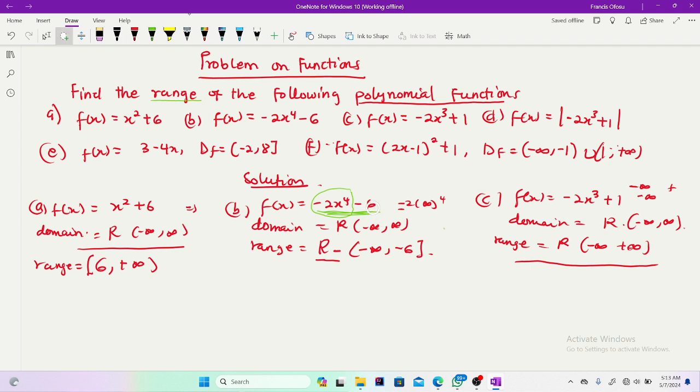The maximum can be the highest negative number. So assuming that x here is 1, you are getting negative 8. So I just want to make this clarification that you should always look out for the largest and the lowest, and this one is what?